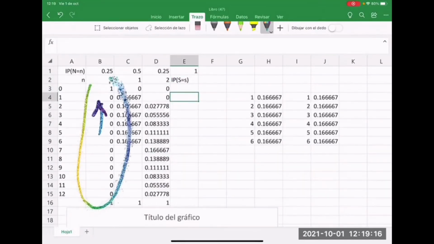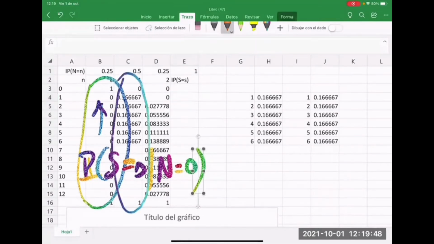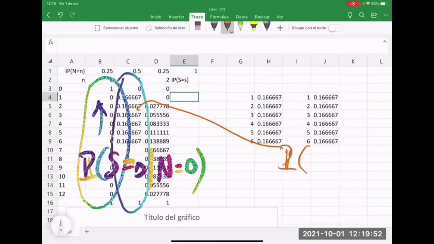Now, this column here represents the probability that S equals little s given that n equals 0. That is what we have in the first column. In the second column, what we have is the probability that S equals s given that n equals 1. Actually, we have the 1 as the header of the column, and in the other case, the 0.